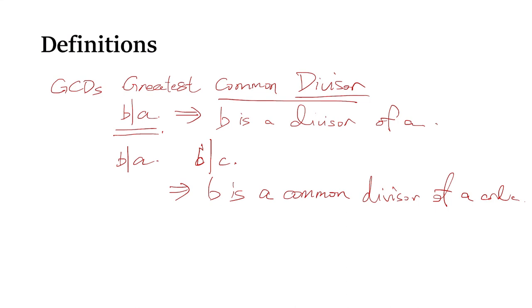It means the largest divisor of A and C, let's say, among all those common divisors.